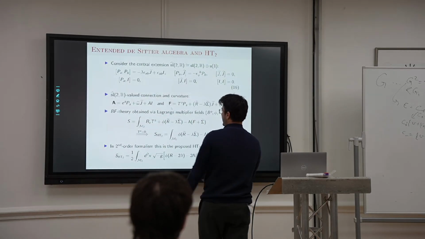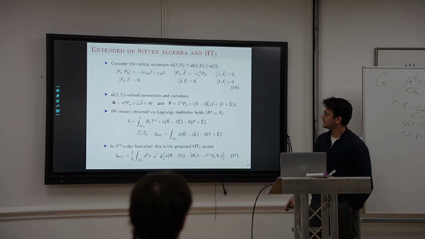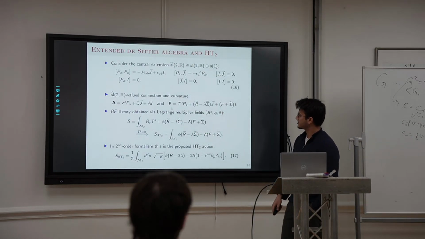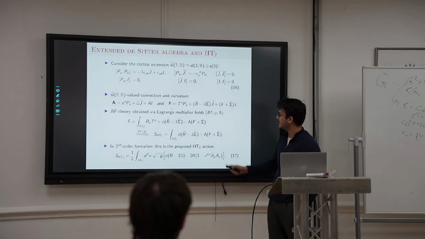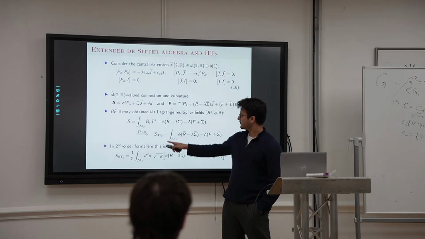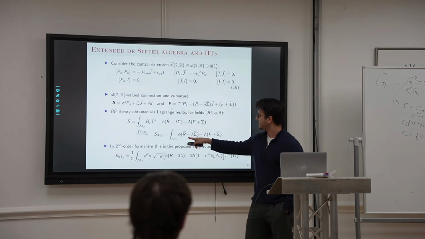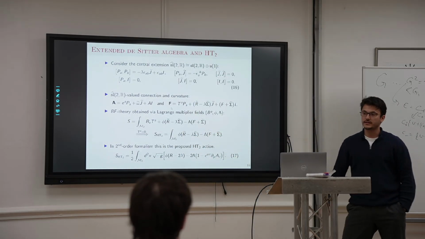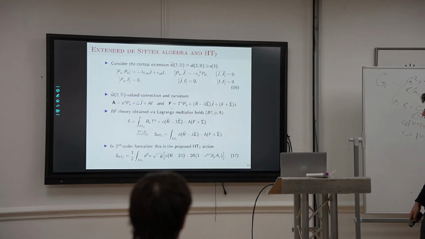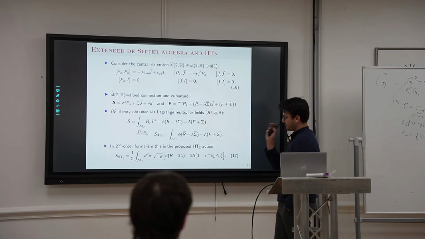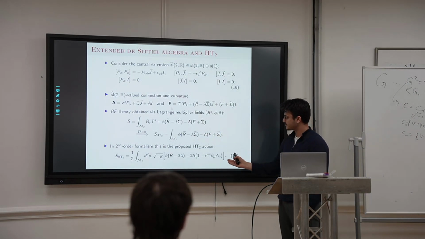And you obtain a BF type action by introducing this extra Lagrange multiplier, lambda, and you also add this torsion term again, and you go on shell here, and then you find that this is the BF type action that you end up with. And now you can ask yourself, what is the second order version of this? It's precisely this one.